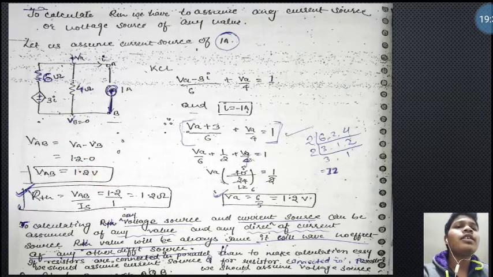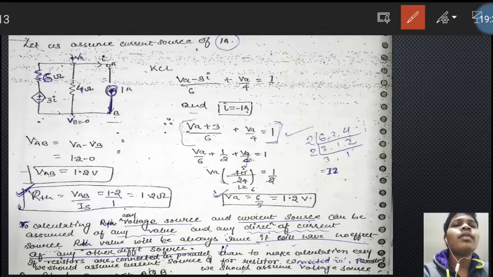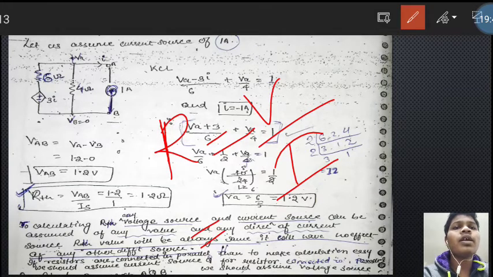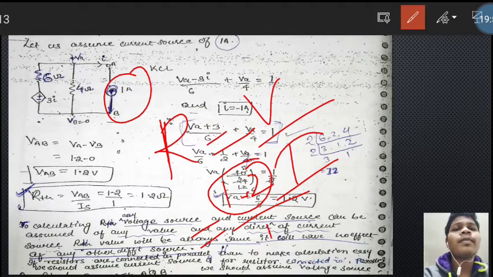So RTH is very easy to calculate now, by using Ohm's law, R is equal to V divided by I. The voltage we got here is 1.2 volt, and the current is 1 ampere.